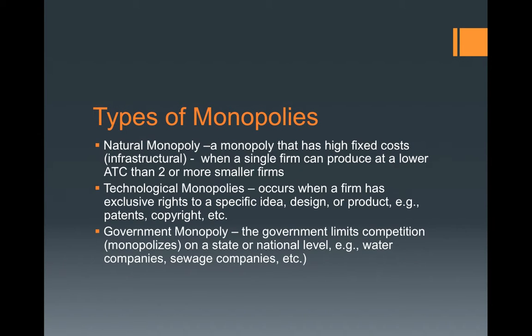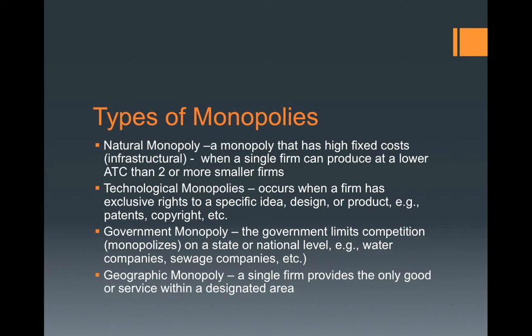This is where the government limits competition. It could be on a state level, a local level, or even a national level. These are things like water companies or sewage companies, could even be trash collection. The government sometimes limits competition and regulates it heavily, and these would be government monopolies. Again, good examples would be water companies.